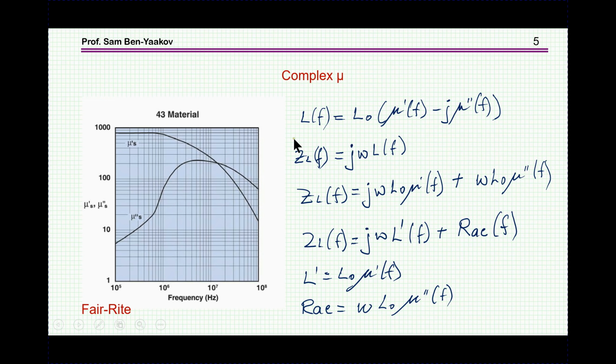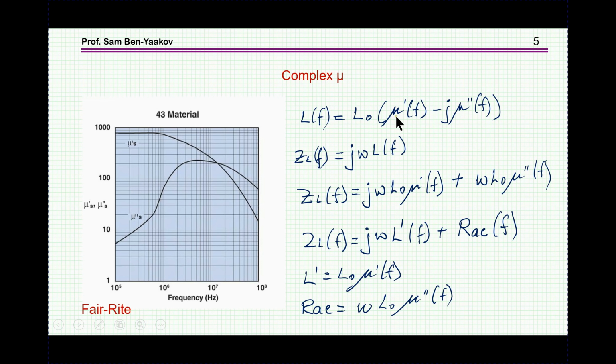Now, the inductance of an inductor built with this material will be something like a constant times mu, which is frequency dependent, here this dependence, and the complex component, mu double prime, j times, and a minus here.